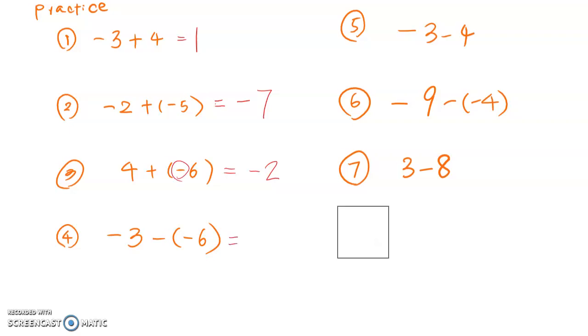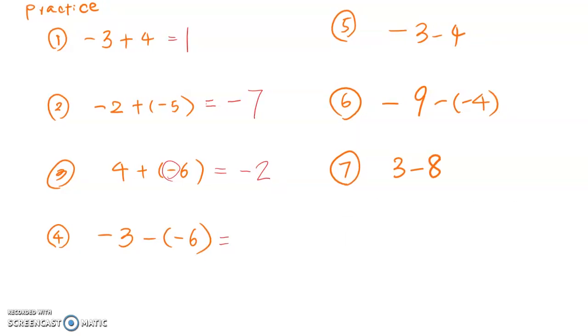Right. Okay, now subtraction. For subtraction, we will have to turn the subtraction into addition. So add positive. That will be positive 3. Right? So next one. Add negative.